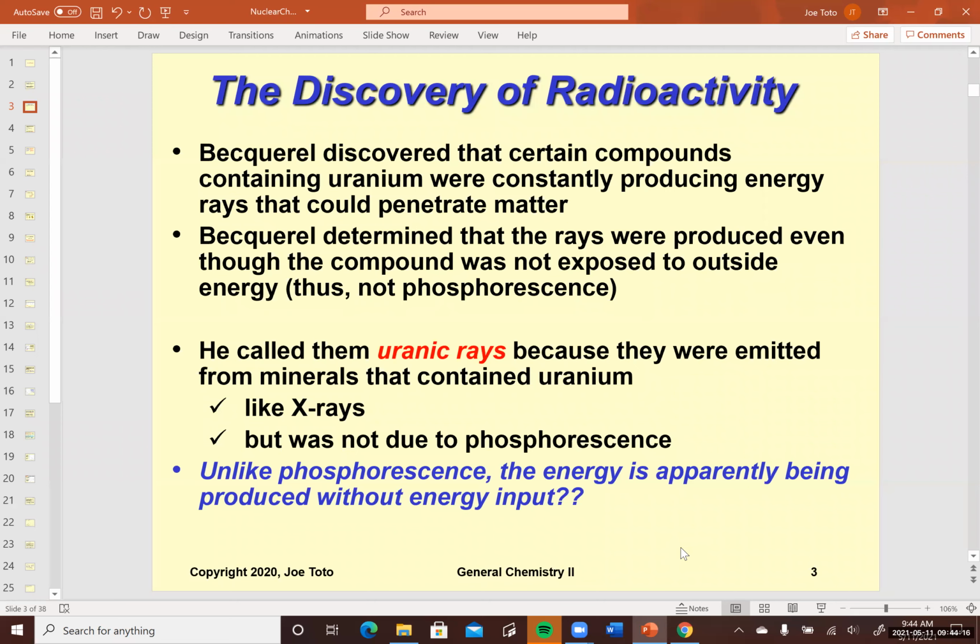And he found that there was uranium in those rocks, so he called it uranic rays. But that wasn't quite right, and we find that out later.